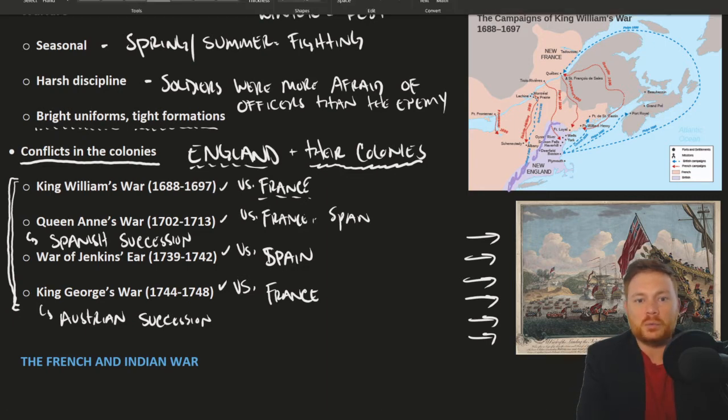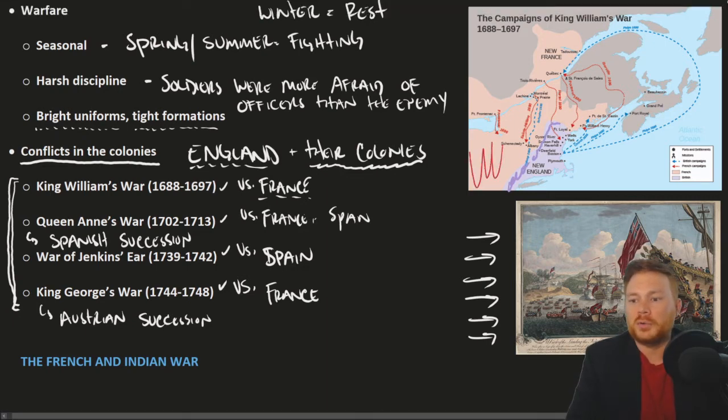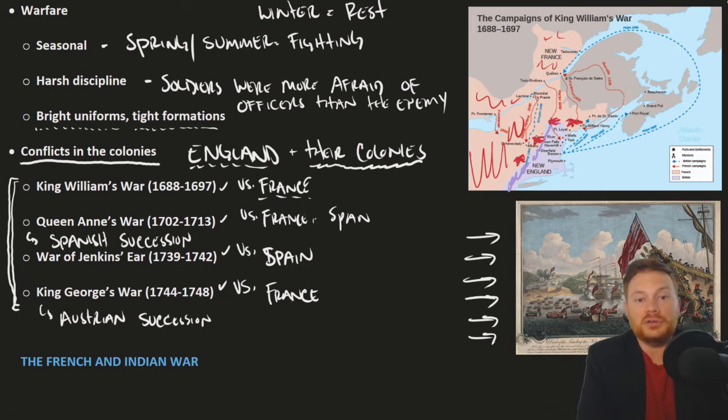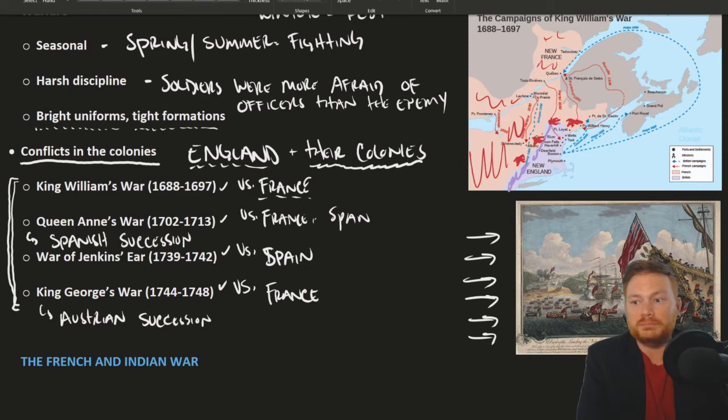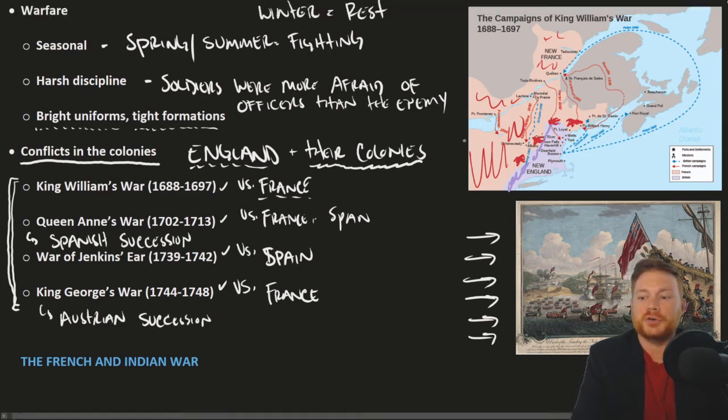France is in red, even though the British were the ones who wore red uniforms. And you could see that anytime that France and England went to war, you could have potential conflicts breaking out in the colonies, and that's in fact what happened, right? It was a very common occurrence.